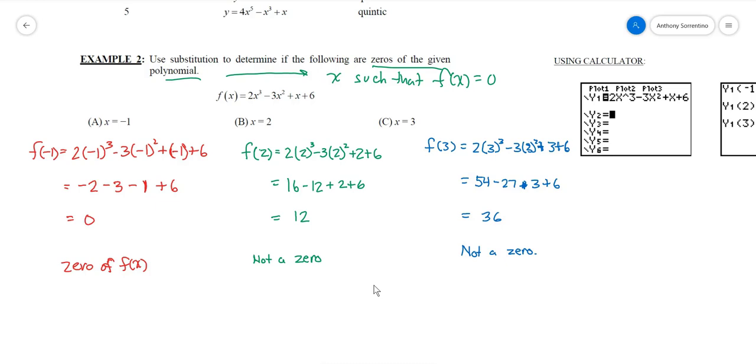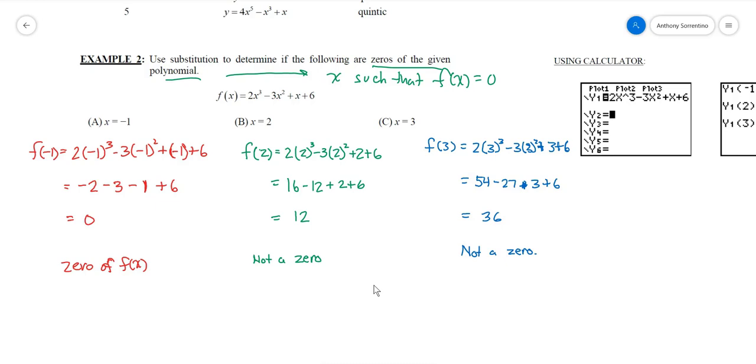And I could use that piece of information to determine what the other zeros are at that point. So if I could find one of the zeros, either by trial and error or just putting values in and determining that one of them makes a zero, I can sometimes find the other ones a little bit quicker because I might be able to factor it out and use quadratic or linear techniques to find the rest.